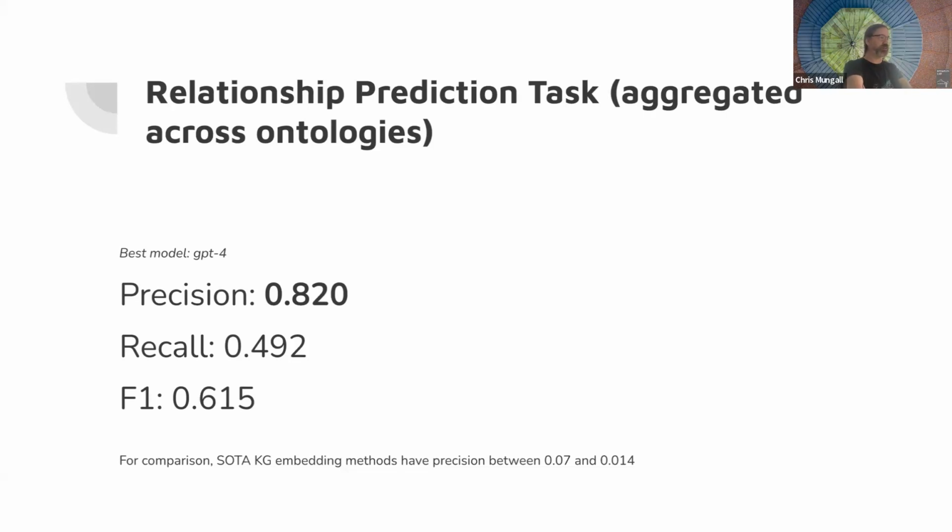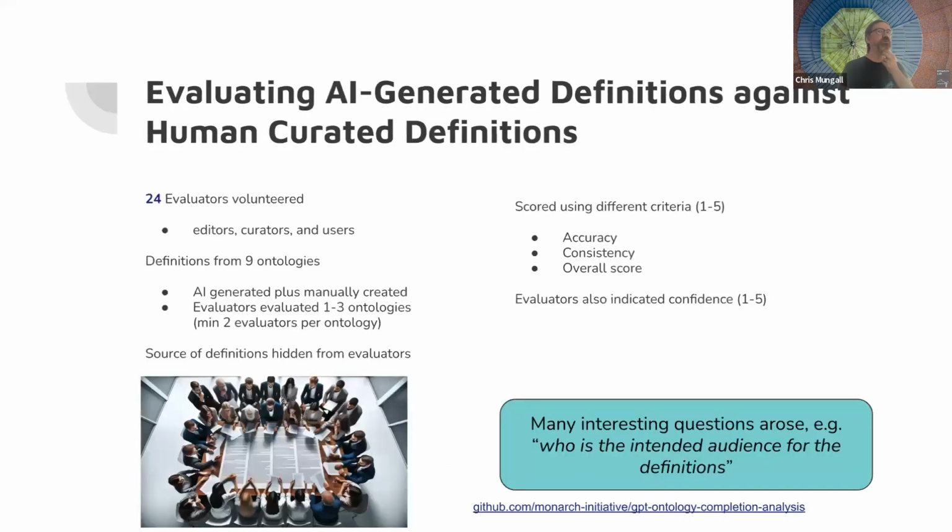There are actually terms that potentially should exist. So even in the ones it's not doing perfectly on, it's revealing things that could be improved within some of these ontologies. And this does a lot better than some of the state-of-the-art knowledge graph embedding methods such as AltaVec and so on, which don't have as high precision.